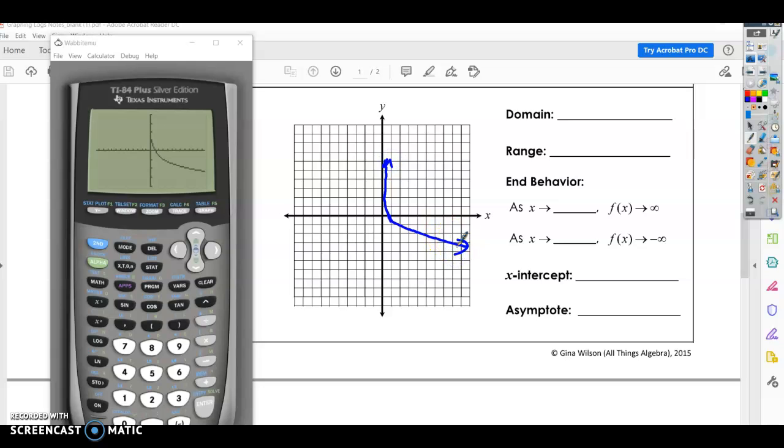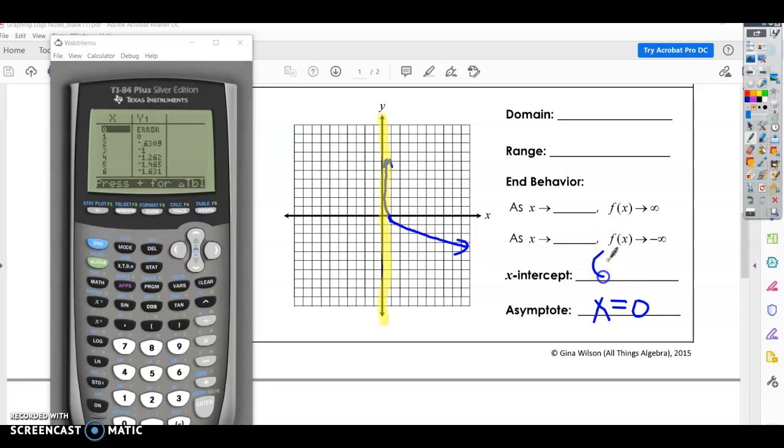And again, I'm going to have my asymptote for my logarithm. Unless I tell you different, unless it gets shifted, it's going to be x equals 0. So I'm going to go ahead and put x equals 0 here. And we can check the intercept again, but it does look like our intercept is 1 again.